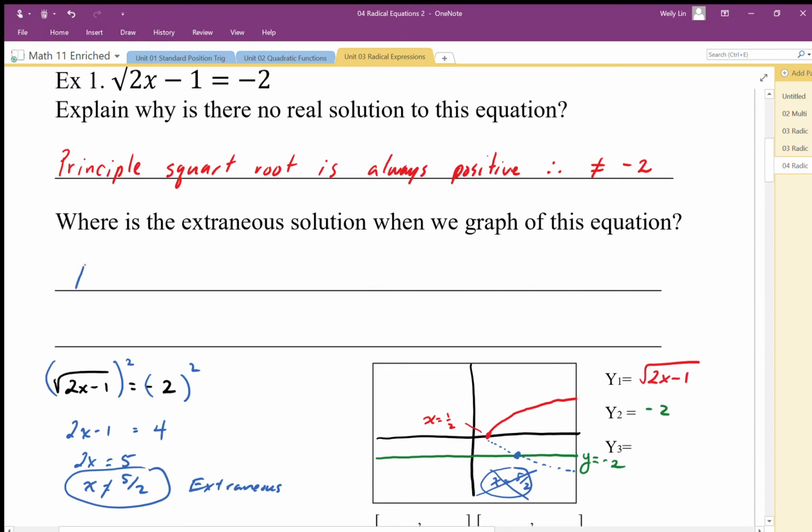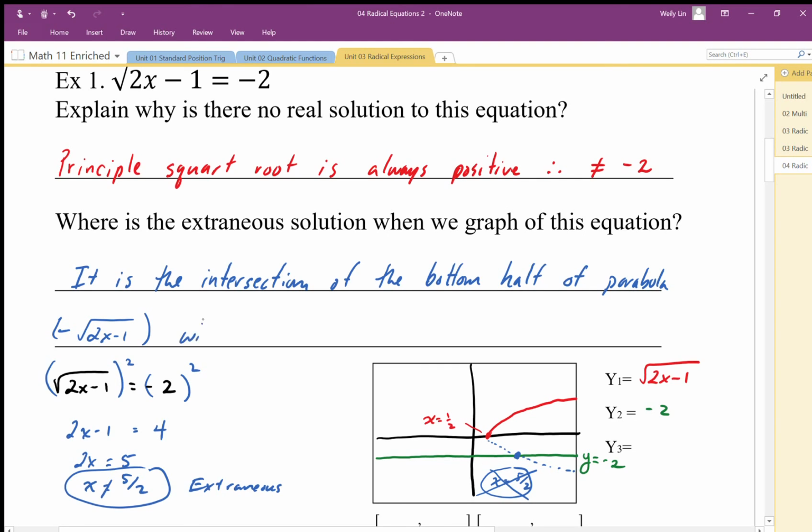It's the intersection of the bottom half of the parabola, and I'm going to put in brackets here, this would be the negative square root of 2x minus 1, it's the bottom half of the parabola with the line y equals negative 2.